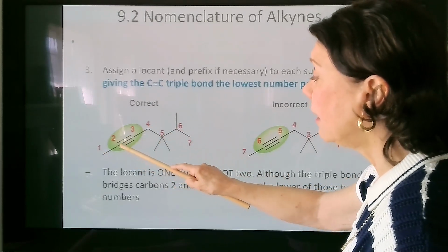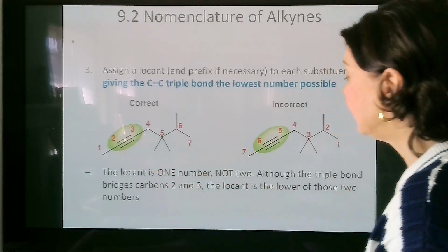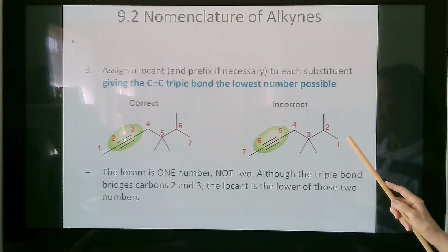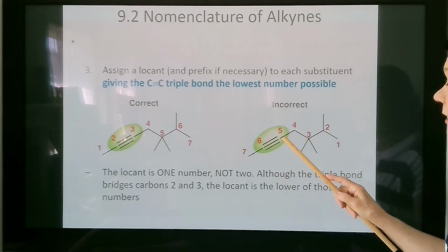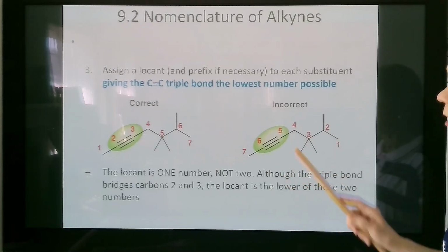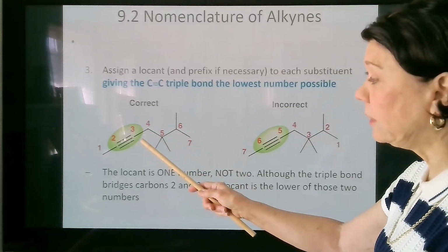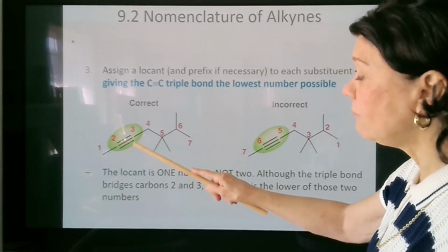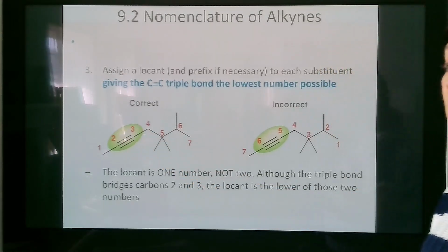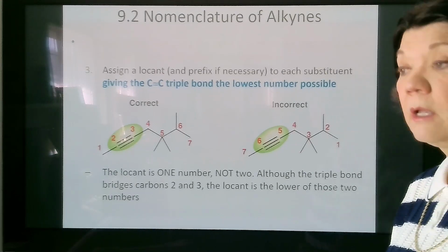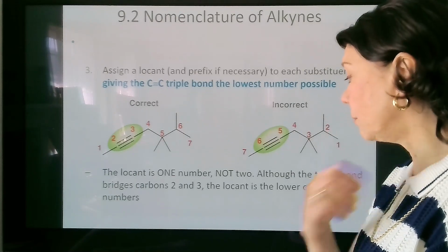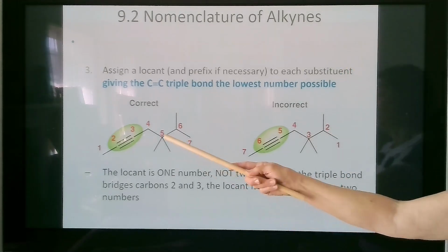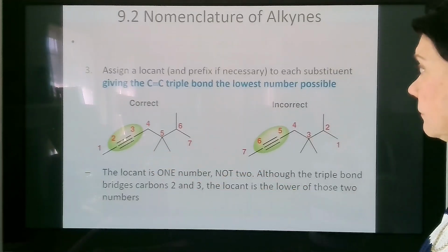So here the triple bond starts at C2, or you can start numbering at the other end, 1, 2, 3, 4, 5, 6, 7, and the triple bond would start at carbon 5. So this one is correct because you want to have your highest priority functional group assigned the lowest number possible.